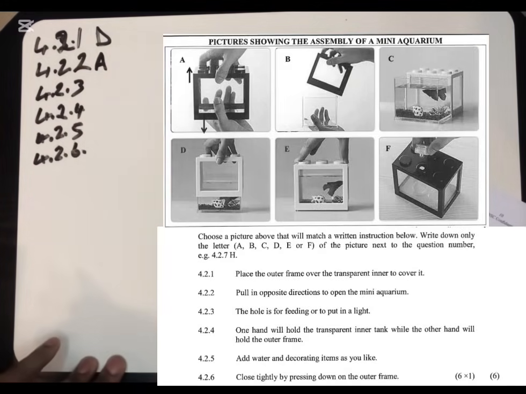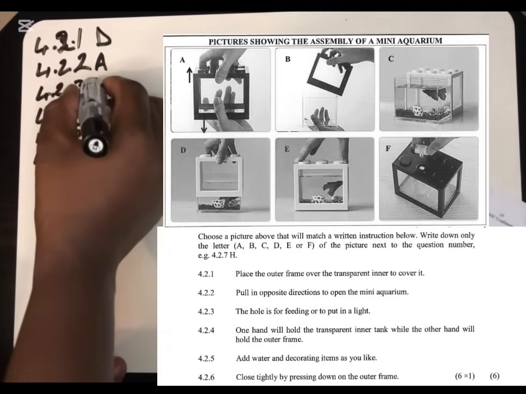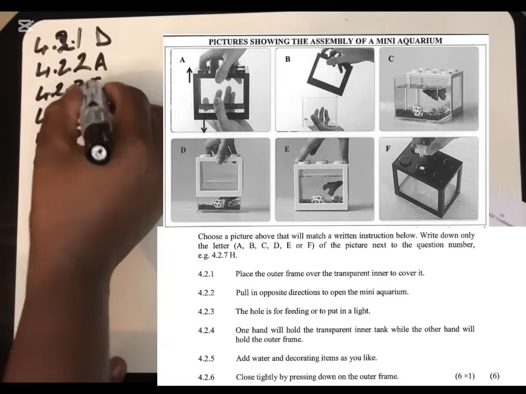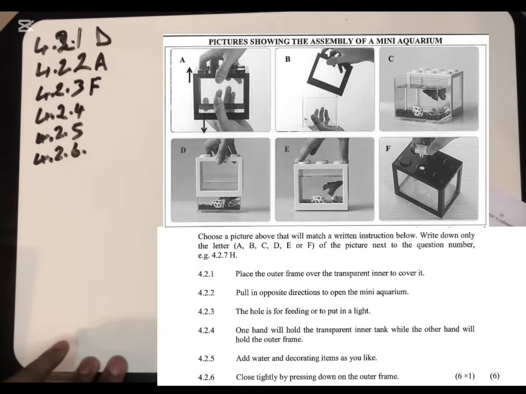4.2.3. The hole is for feeding or to put in a light. We can see it's happening at F. We are having the hole at F. 4.2.4, it says that one hand will hold the transparent inner tank while the other hand will hold the outer frame.